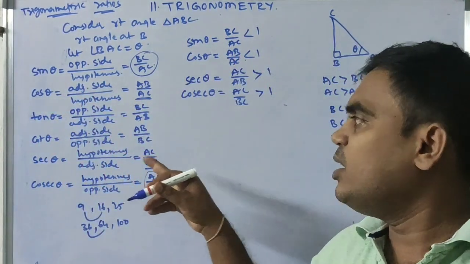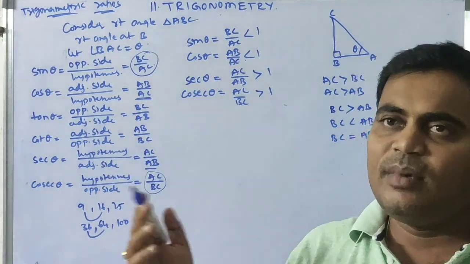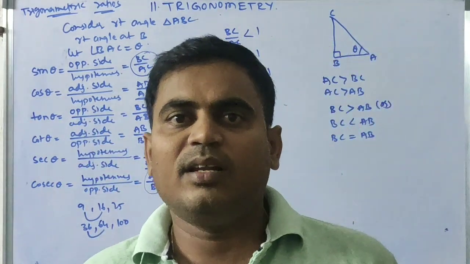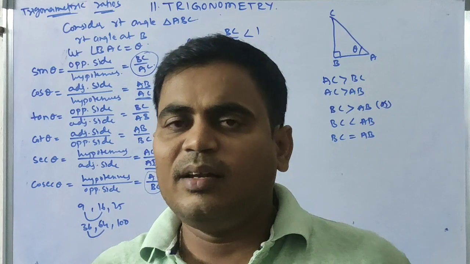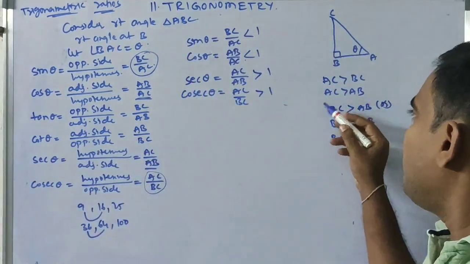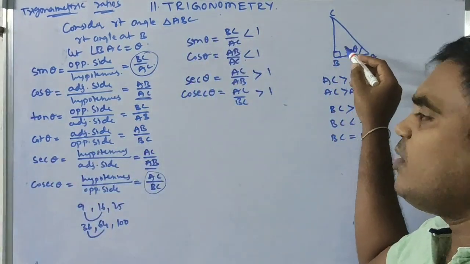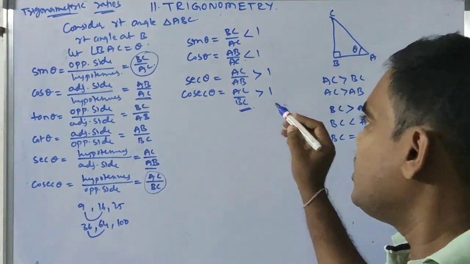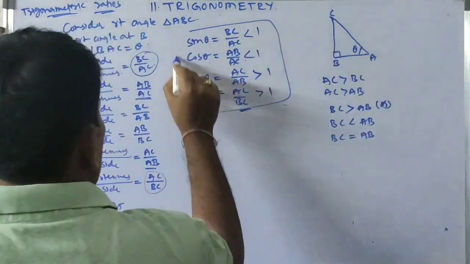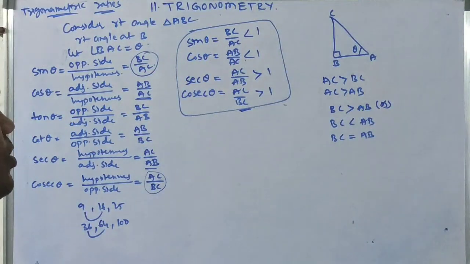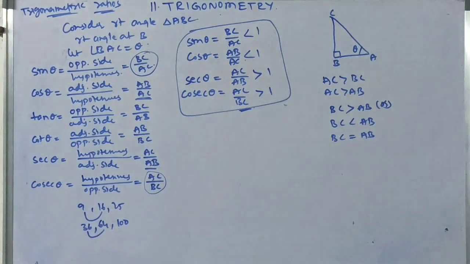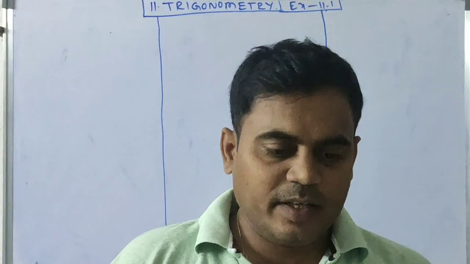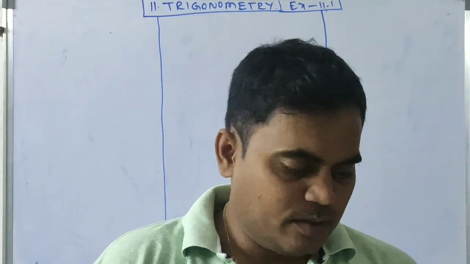And one more thing, tan theta and cot theta may be less than 1 or may be greater than 1. We cannot compare because it may be equal, lesser or greater. So this is the information. These are the bounds of the trigonometric ratios. Trigonometry exercise 11.1. First question.